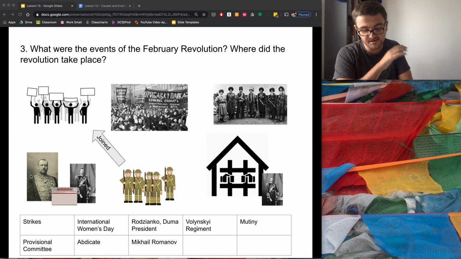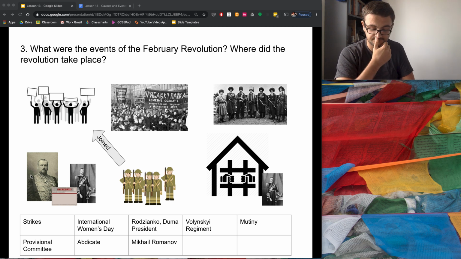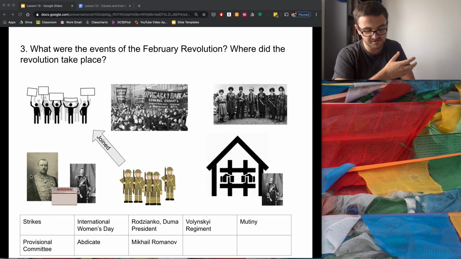And 66,000 soldiers actually joined the protesters, many of them taking their weapons with them, taking 40,000 rifles to now arm the protesters. The police headquarters are attacked by the strikers and protesters, and the prisons are opened up. The Duma, now in defiance, organises a 12-man provisional committee to seize control and power over the government.